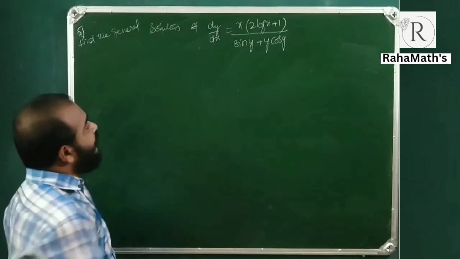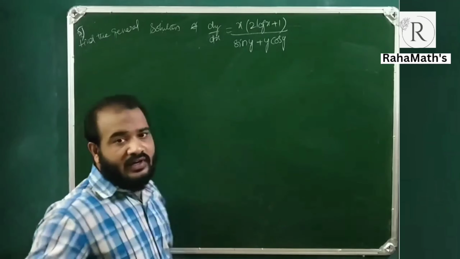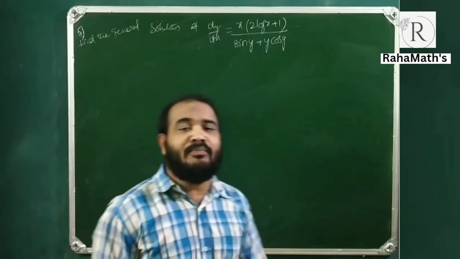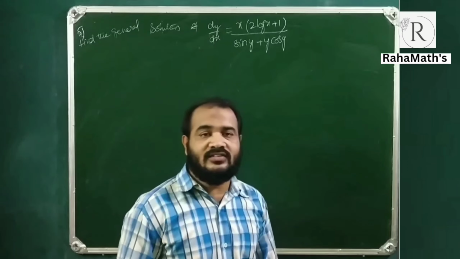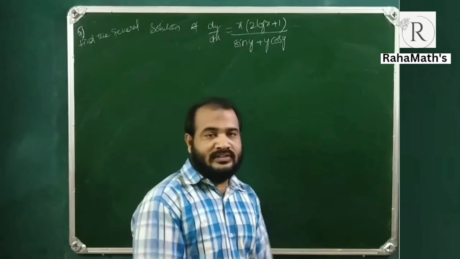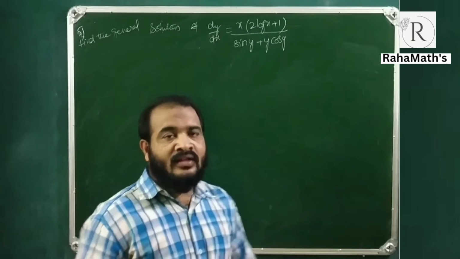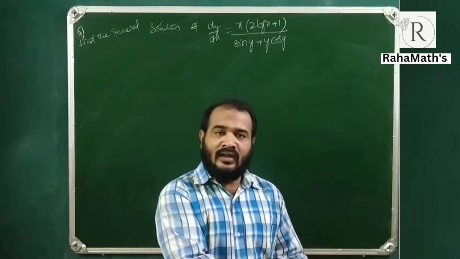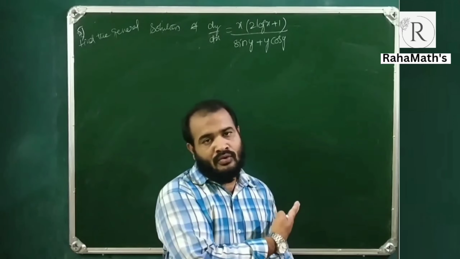So we need to find out the general solution for this. First, as usual, we will separate the variables on both the sides and integrate on both the sides, and at the end C can be added on either of the sides. These are the three steps that we have to do.